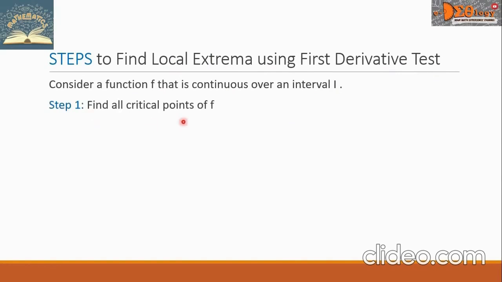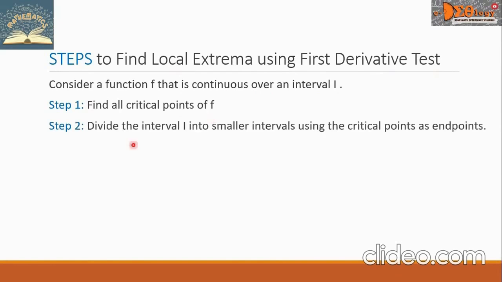Find all critical points of the function f. Step 2. Divide the interval I into smaller intervals, using the critical points as endpoints.